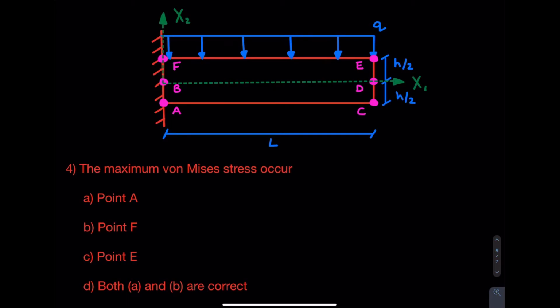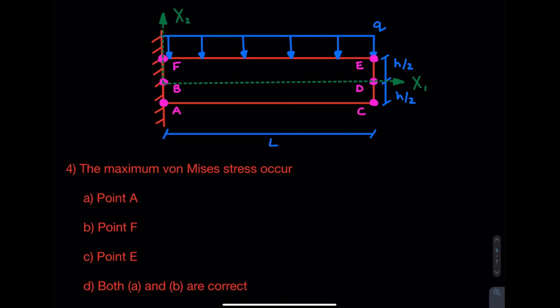Points B and D are located at the midspan of the beam, while points A and C are at the bottom of the beam, and points F and E are at the top. F, B, and A are on the very left-hand side, and E, D, and C are at the very right-hand side. So we just have to go through and say, this is where the maximum von Mises, sigma 11, or sigma 12 occurs.